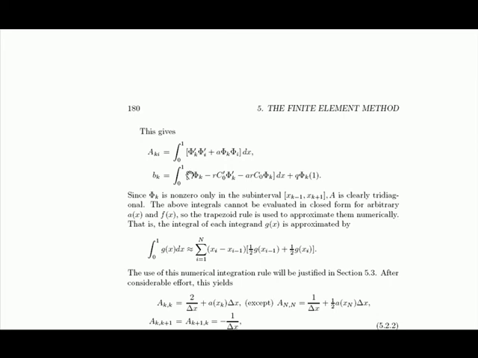Here's our B. Now, these involve integrals. These can actually be calculated exactly because the phi k's are just piecewise linear, and the phi k's are piecewise constant. However, this involves a general function F, and so the BKs are going to have to be calculated using some numerical method. For general F, we can't do the integration, so we're going to use the trapezoid rule, which is a very simple rule, and we get a surprise.